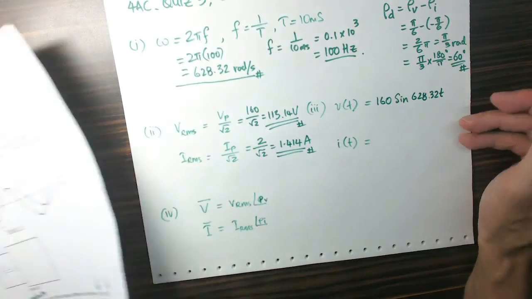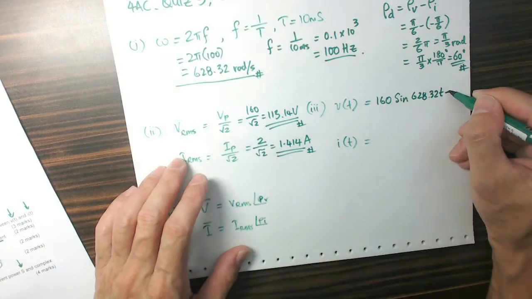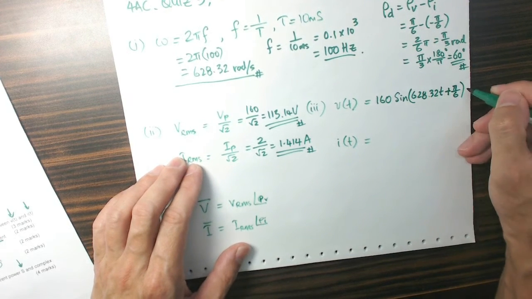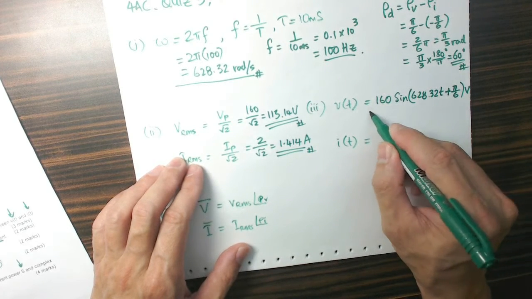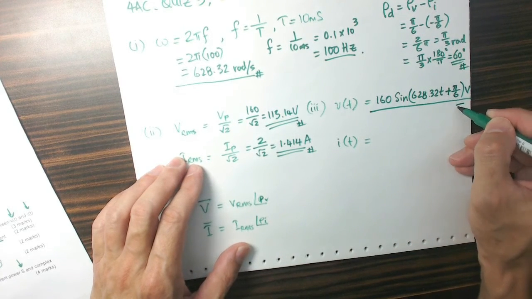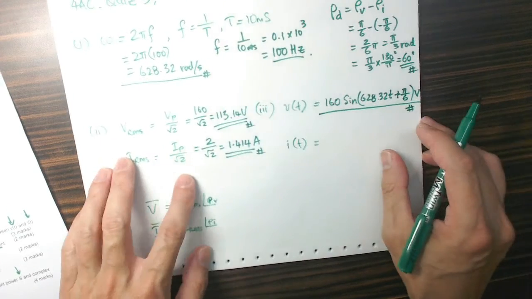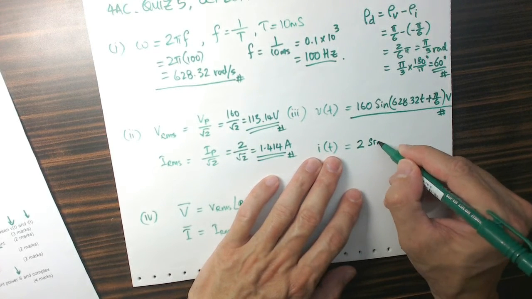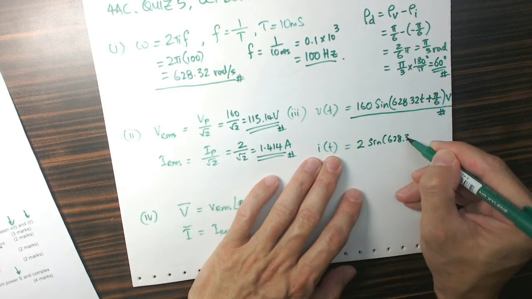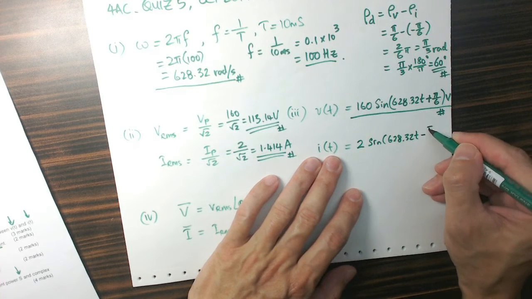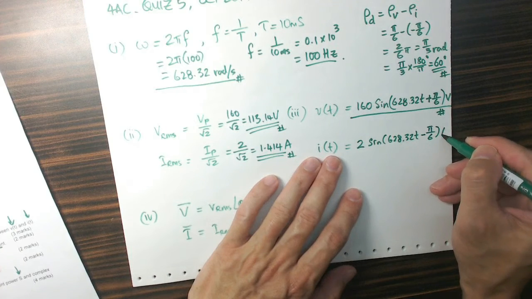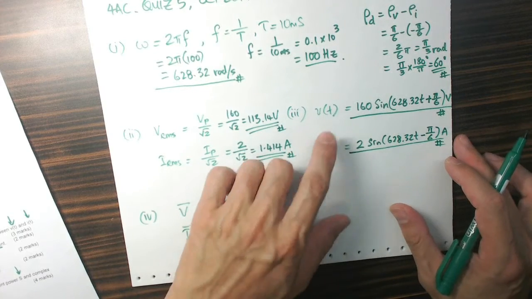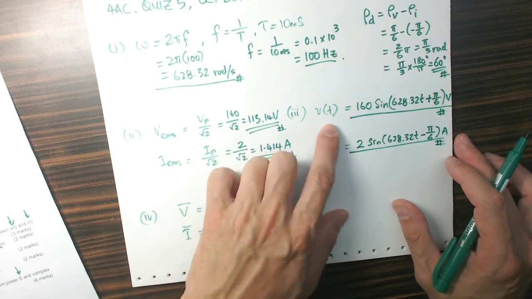Now, the voltage waveform is ahead, so I will put plus pi over 6, or you can also write it as plus 30 degrees. Whereas for the current waveform it will be 2 amps sine 628.32 t minus pi over 6 or minus 30 degrees. So that's the time domain sinusoidal expression for v(t) and i(t).